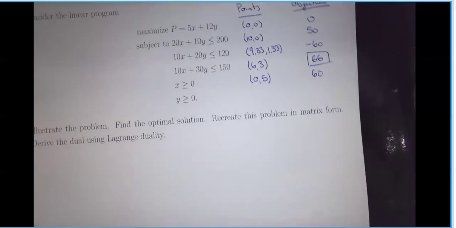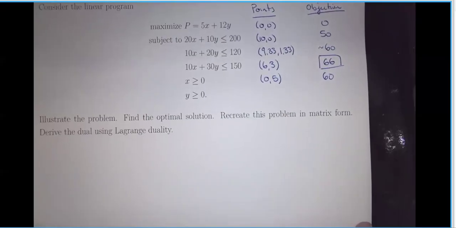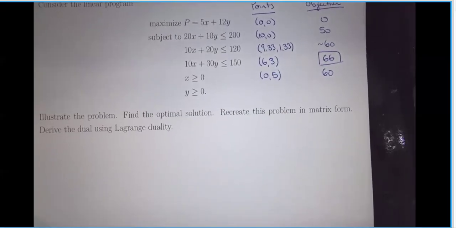Now, how do we talk about this problem in terms of a primal and dual problem in matrix form?